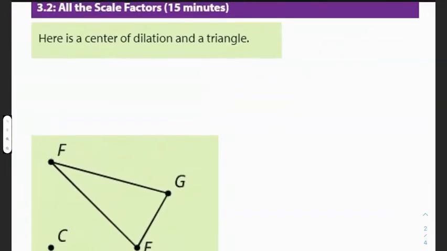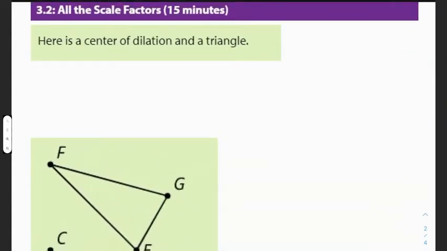That's using our point of projection, point C, in relation to E, F, G. So how about we try a scale factor of 2? And then I want you to try a scale factor of a half.